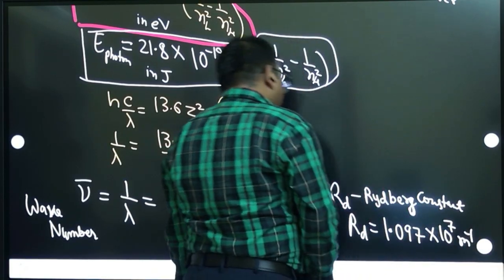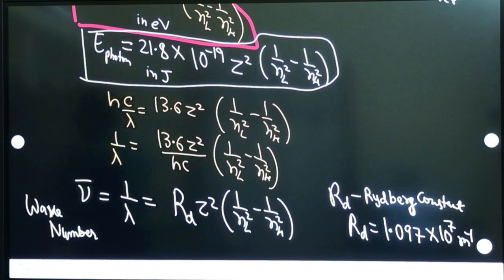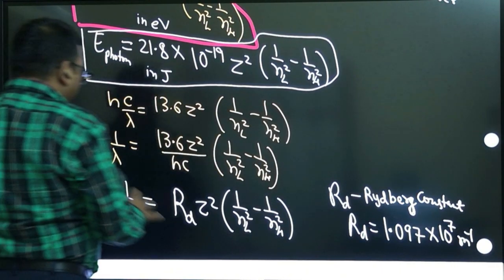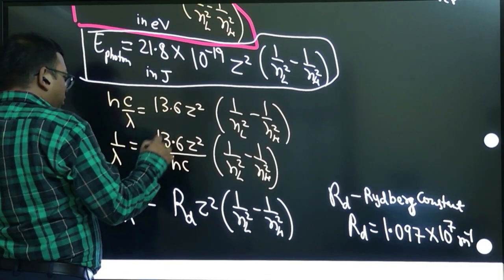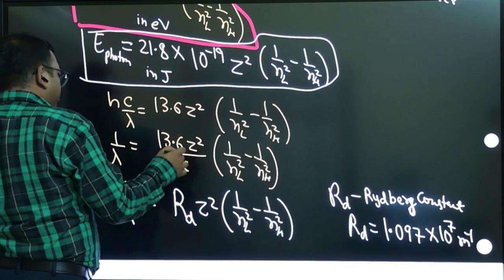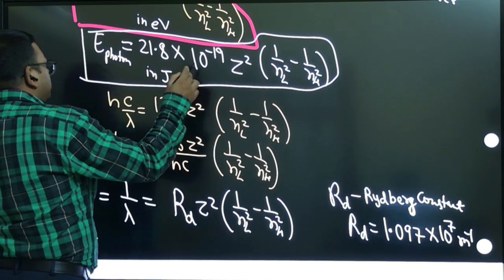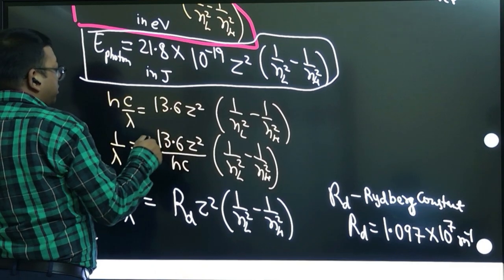We should remember this Rydberg constant. All the calculations are in SI unit here, no need to worry. Otherwise, you can use this value and put it, and you will get the Rydberg constant.